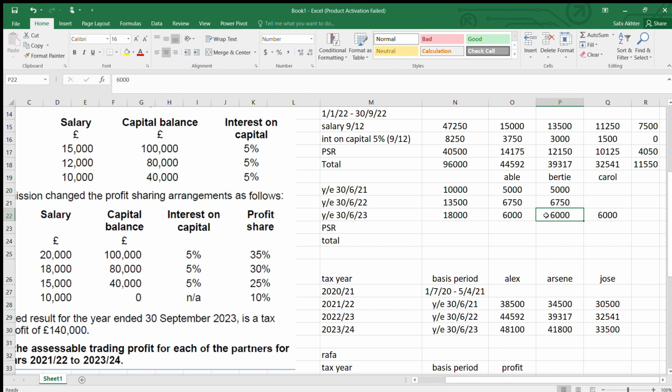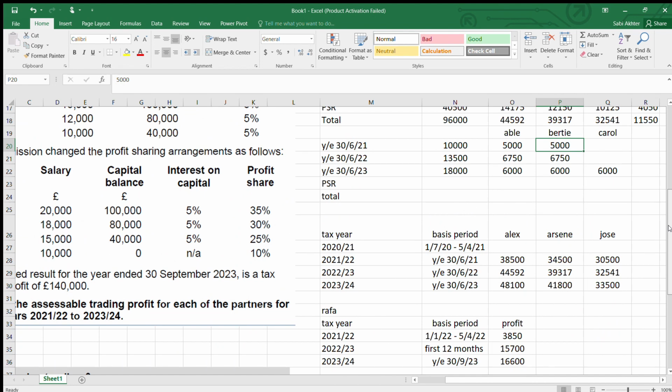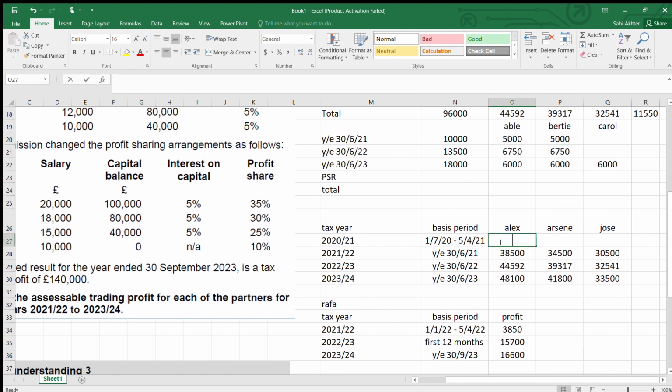So there'll be no issue. But this 5,000, you can only take for 9 months: 3,750. This is for both Able and Berti. It will be same.